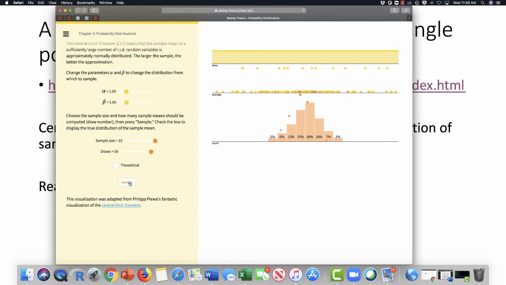And you guys can start to see that what we have is a normal curve. Our means, when we draw a random sample from our population, we don't know exactly where that sample is going to fall, but we do know that it is going to be a normal curve.